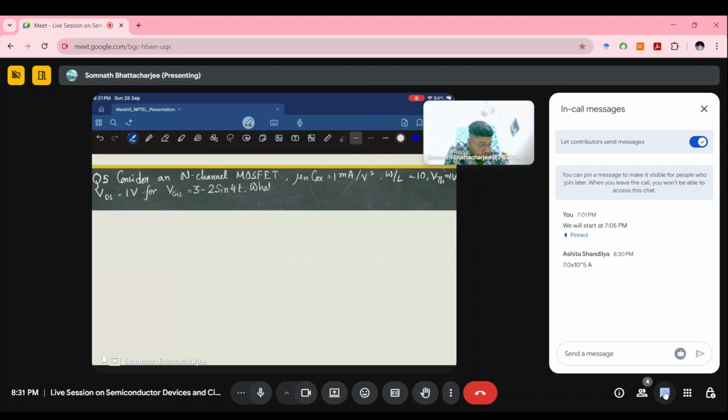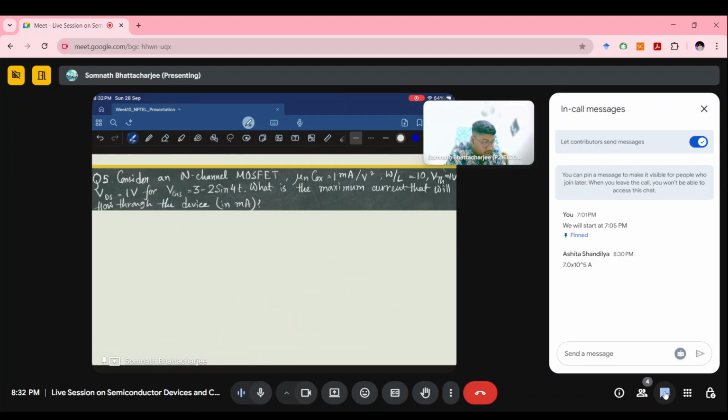What is the maximum current that will flow through the device in milliamperes?